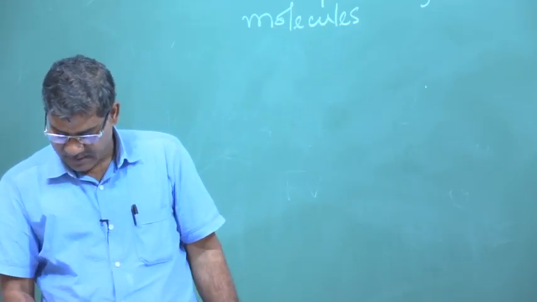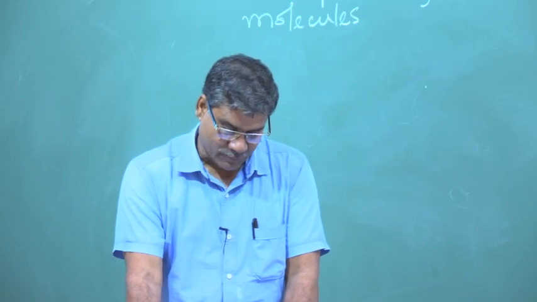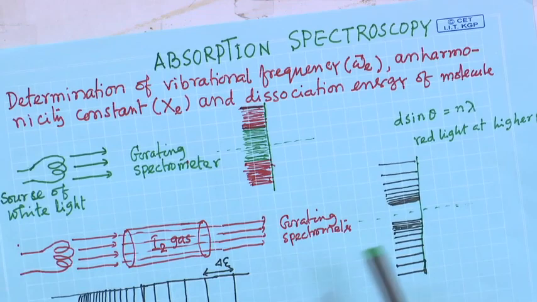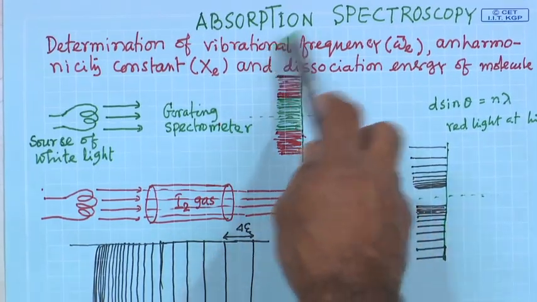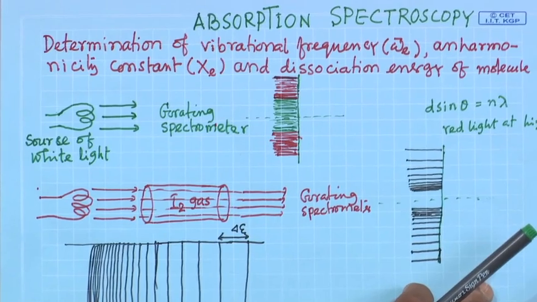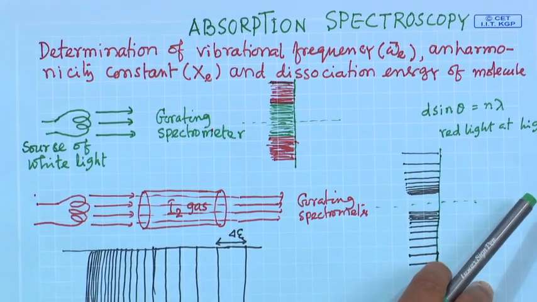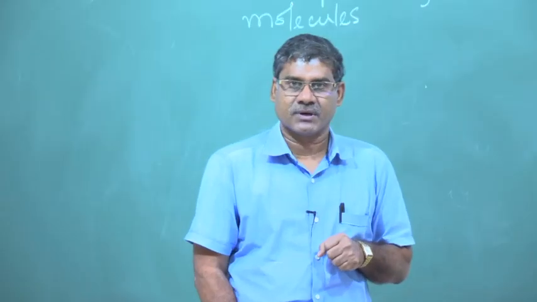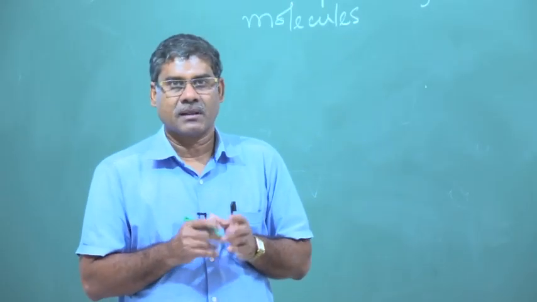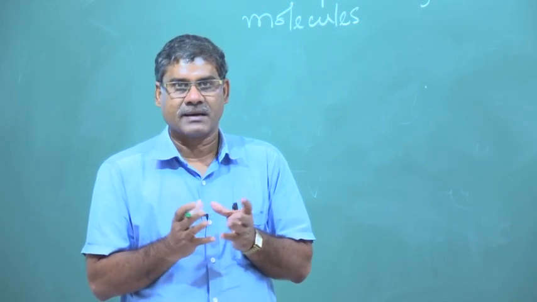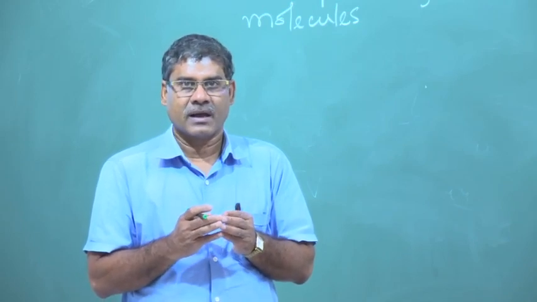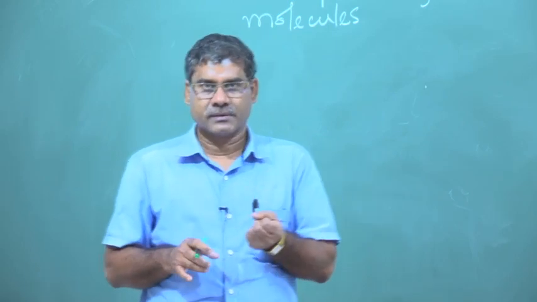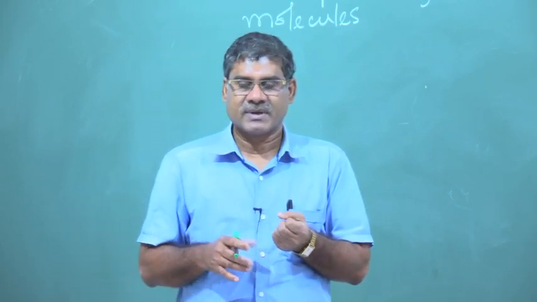People use absorption spectroscopy for that. So, what is absorption spectroscopy? You know the spectrometer. It has a collimator, a table for the prism or grating, and a telescope.